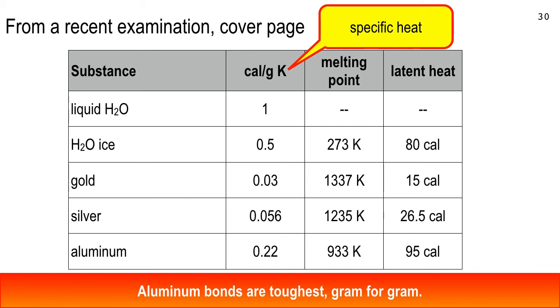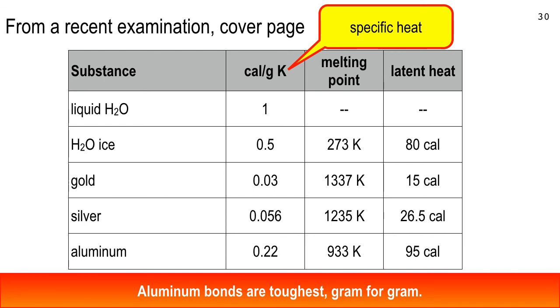Now here's the detail. Let me just make a side note, footnote to history. Gram for gram doesn't mean molecule for molecule or pair of molecules per pair of molecules, because there might be more H2O molecules per gram than there are for aluminum, right?